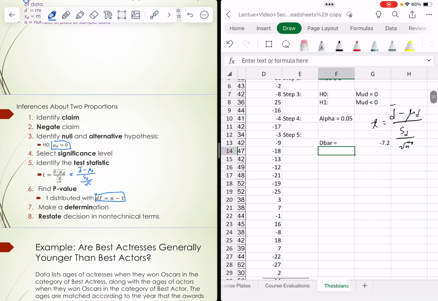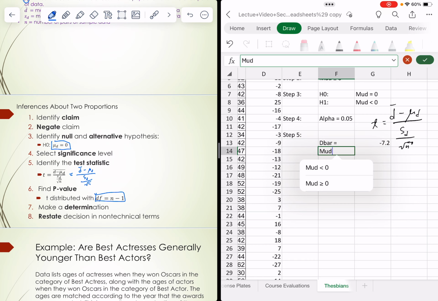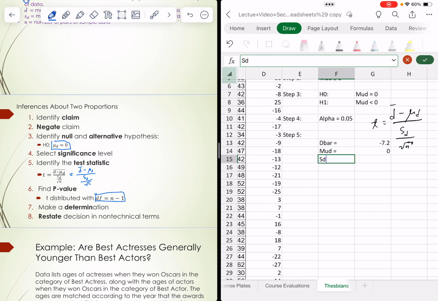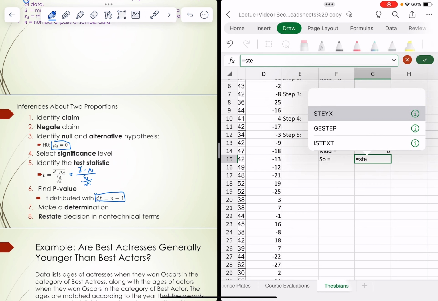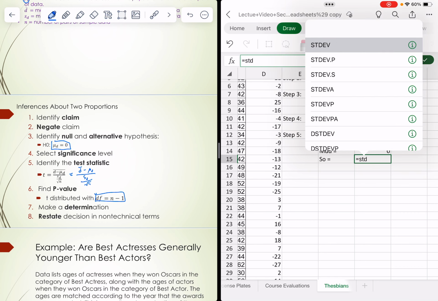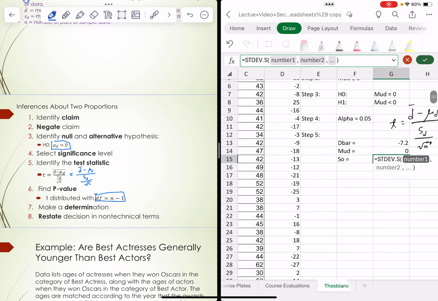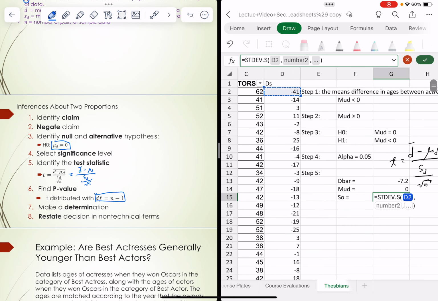Okay, what do we have? We have D bar. Mu D is assumed to be 0 because of the null hypothesis. SD is going to equal STDEV.S, because ours is a sample, a little sample of 30 years.